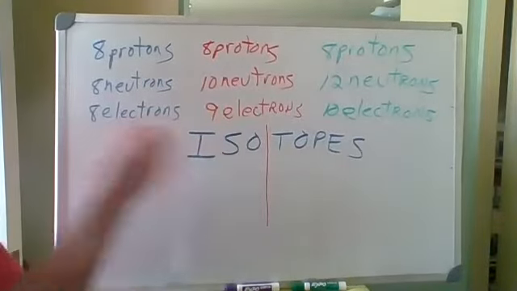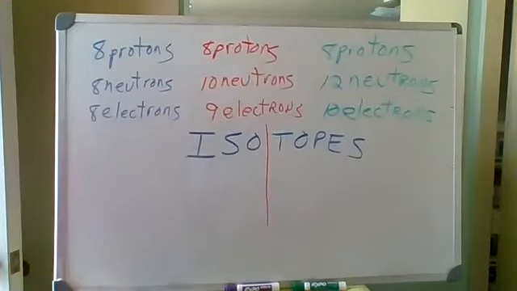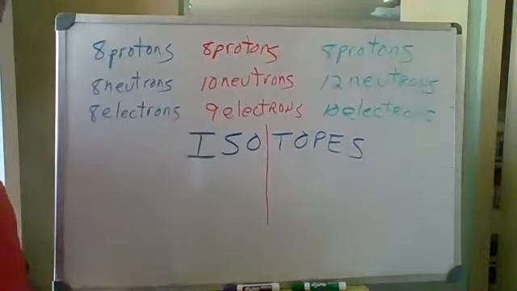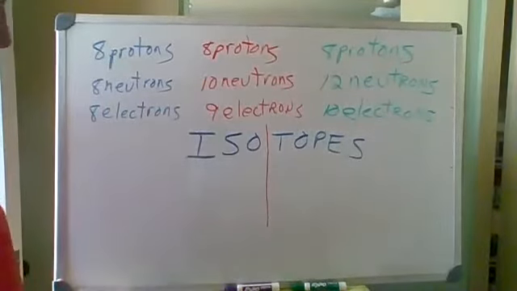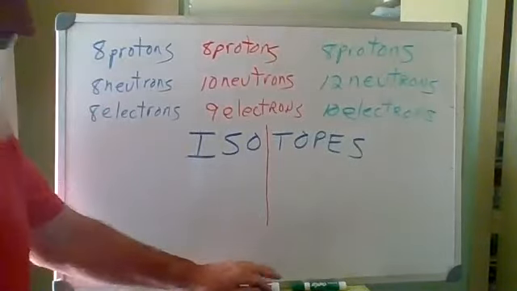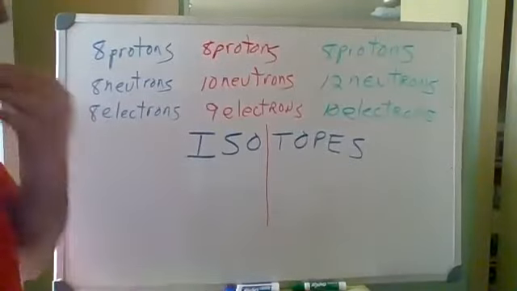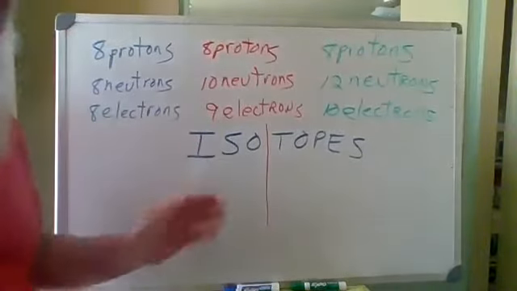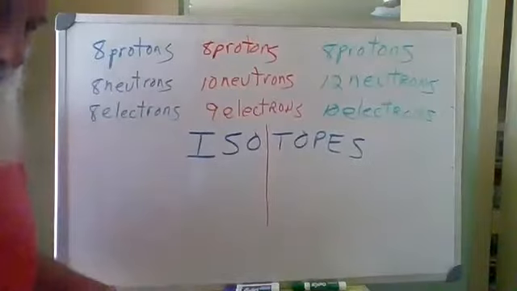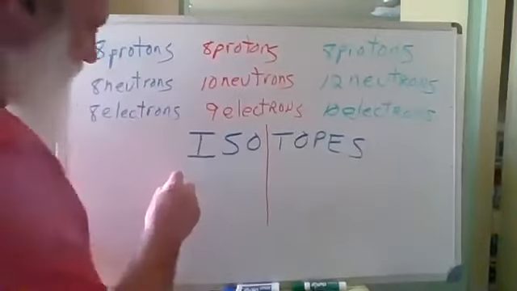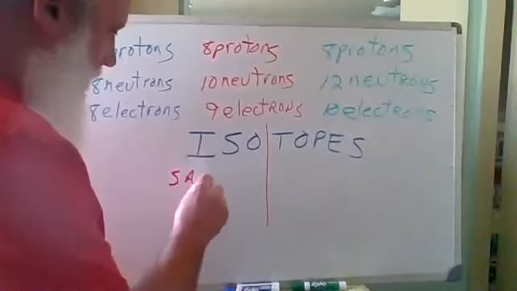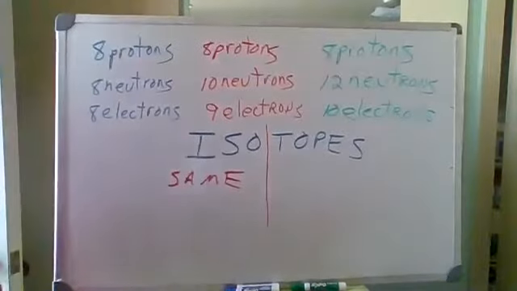What does this prefix iso mean? Anybody? Alone? No. Every semester that's what somebody says, because they usually think of isolated. Well, believe it or not, I kind of just gave it to you. It means same.